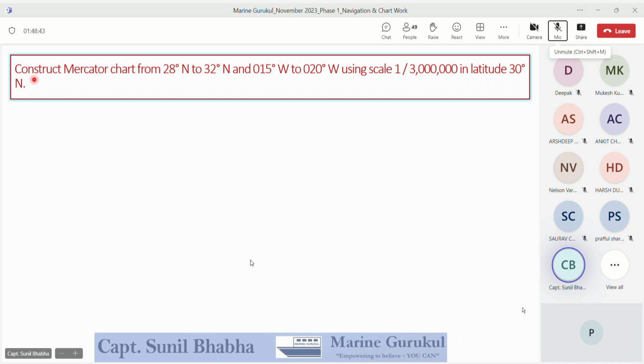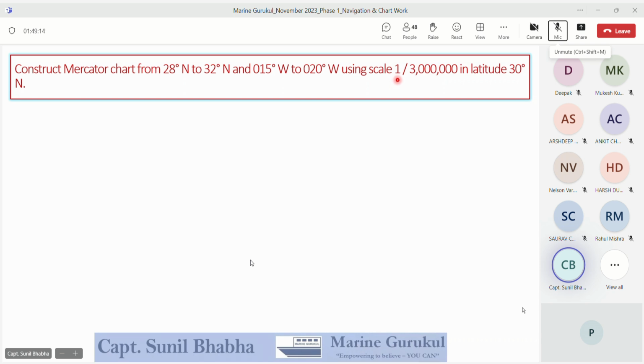So we are required to construct a Mercator chart. The coordinates of the area are given to us, latitudes from 28 to 32 degrees north. The meridians are 015 to 020 degrees west. The scale is also given. The scale is 1/3,000,000. The scale basically means that 3 million units on the Earth's surface is equal to 1 unit on the chart.